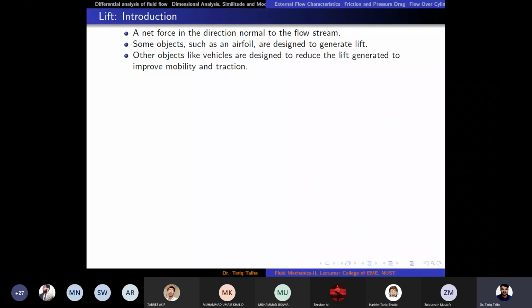Now, as we defined the coefficient of drag, CD, equal to drag force divided by half rho u squared into area, similarly we can also define CL, which is lift force divided by half rho u squared into area.